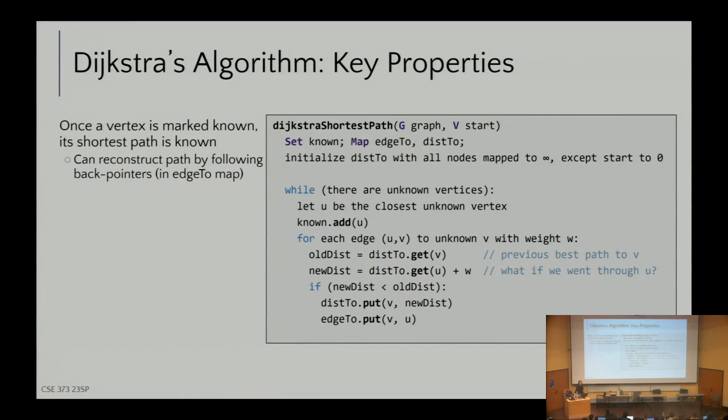What's nice about this is as soon as a vertex is marked known, that means that is its shortest path, locked in. But we might see a vertex more than once because remember, we're standing on one node looking out at my neighbors. So if that vertex has multiple neighbors, I might initially see it as one distance, not choose it because it's not the immediate neighbor, and then eventually work my way around the map somewhere and see a new closer distance to it.